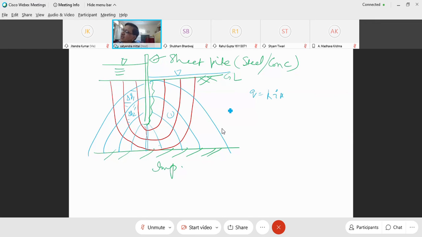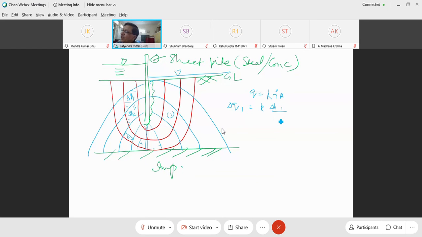So delta Q1 will be K into delta H1 upon L, if I take the width of this as B1, and this as A1.